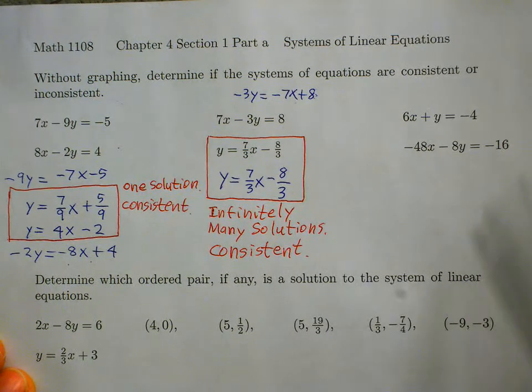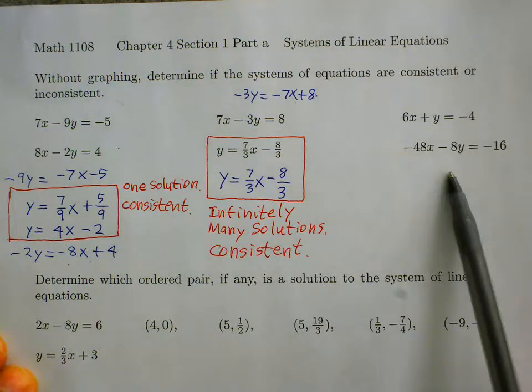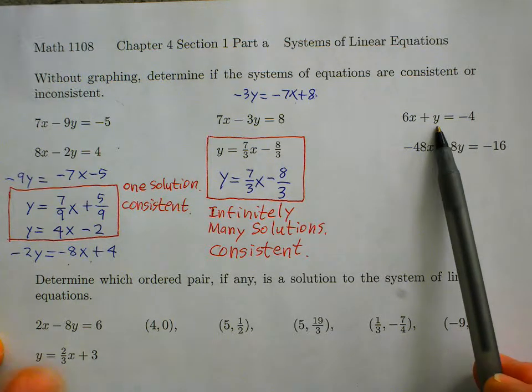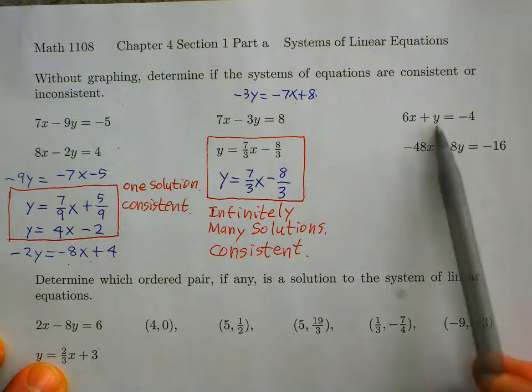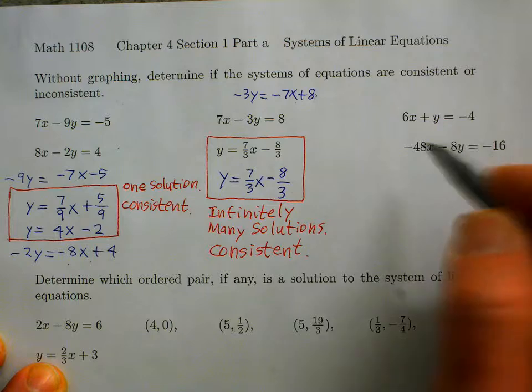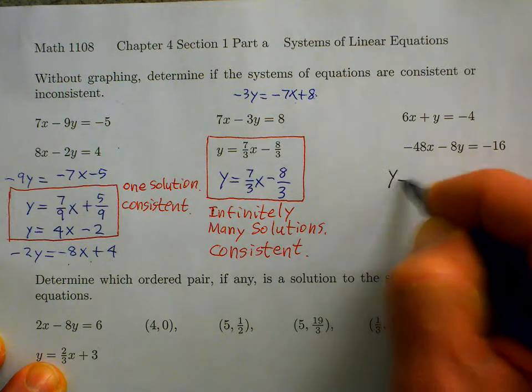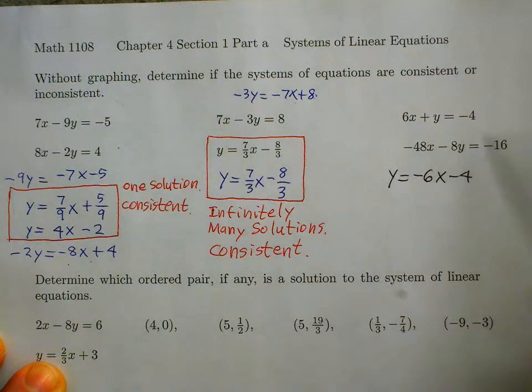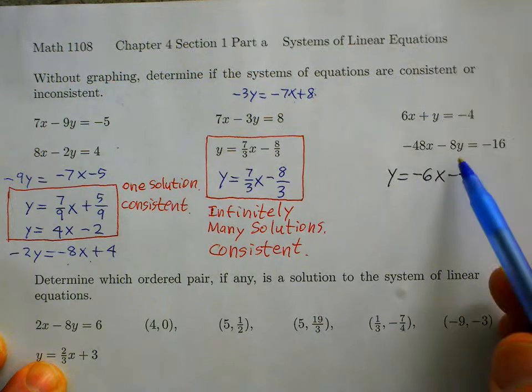Okay, the system of equations on the right. Let's rewrite the top equation in slope-intercept form. All we have to do is subtract 6x from both sides, so we get y equals negative 6x minus 4 for the top equation. For the bottom equation, a couple of steps are needed.